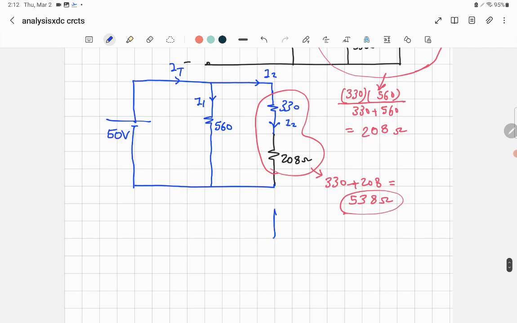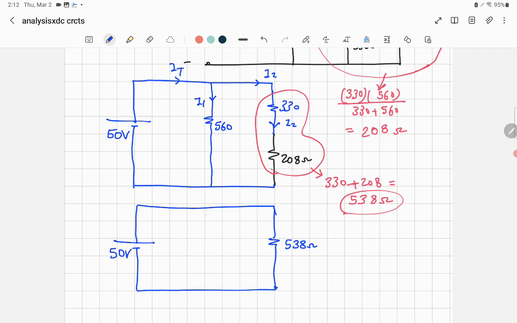You have one resistance, which is equal to 538 ohm, and you have the power supply, which has voltage equal to 50 volt, and you have resistance R1 that's equal to 560. And remember, that's I1, and that's I total, and that's I2, still I2 coming out from here.